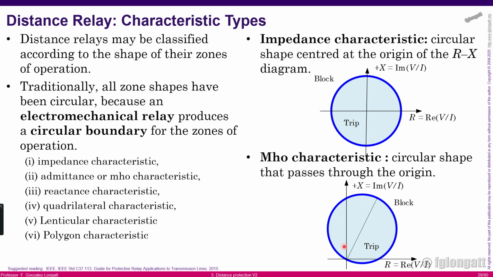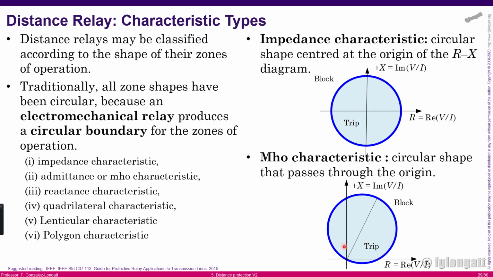I highly suggest that you go and read the IEEE C37.113. The C37.113 is very important for you because that is the guide for protective relay applications to transmission lines. Over there, if I am correct, in section 6, you will find a specific location.